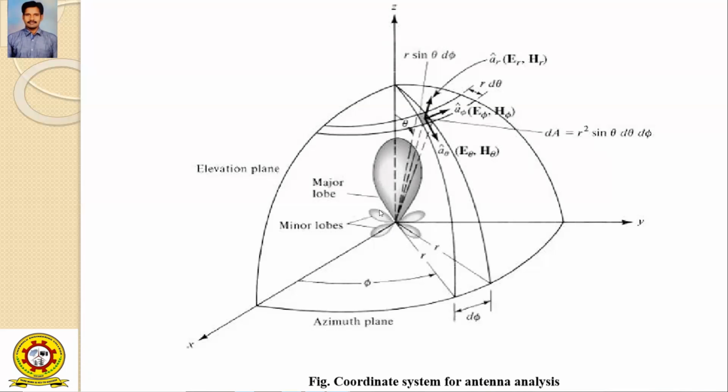Finally, r, theta and phi cover the entire 2 pi radians, which establishes our azimuthal plane as well as elevation plane.